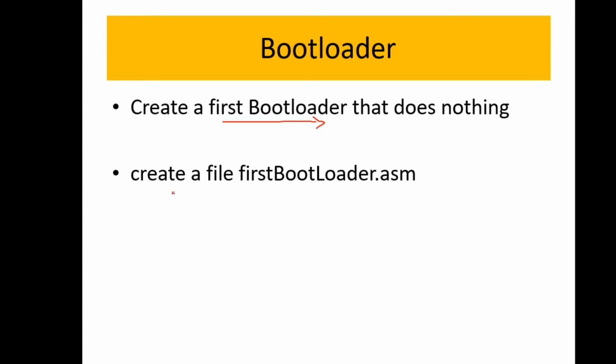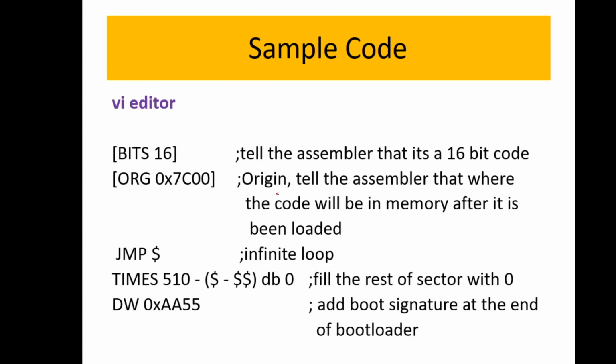First create a file named firstbootloader.asm. Here I have given the name as firstbootloader.asm. As I discussed earlier, we are supposed to use the vi editor to open your text editor. There you have to type this assembly code.